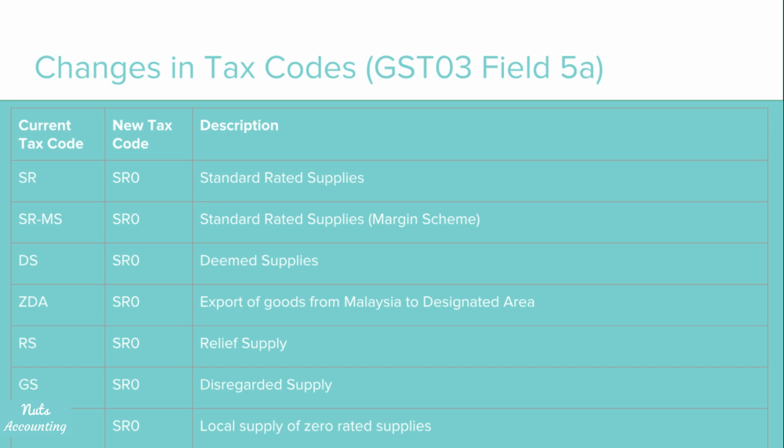So SR, SRMS, DS, ZDA, RS, GS, ZRL are all changed to SR0. The deemed supply, export of goods ZDA, relief supply, and disregarded local zero rated supply codes are all revoked. That is why these tax codes are no longer applicable, because they have been cancelled. So what you need to do is use SR0 from 1st June onwards.